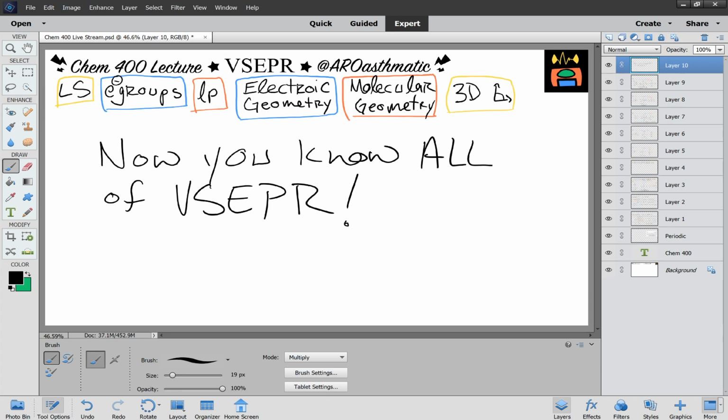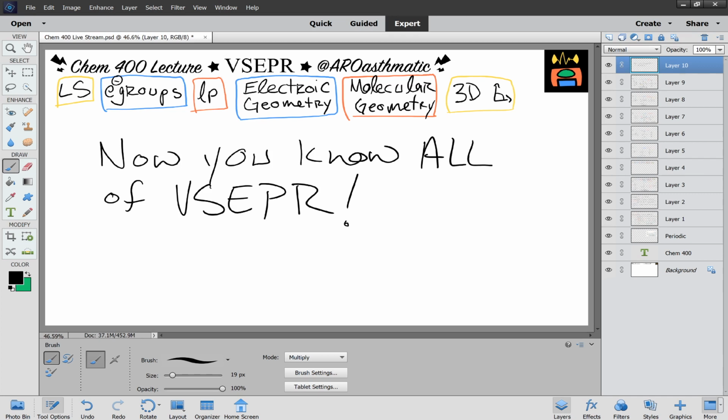What you're going to be tested on, however: you will be tested on drawing during the written exam, but in the multiple choice, I'm not going to be having you draw structures. Obviously, in the multiple choice, you're going to have to identify geometries, bond angles, etc., based on Lewis structures.